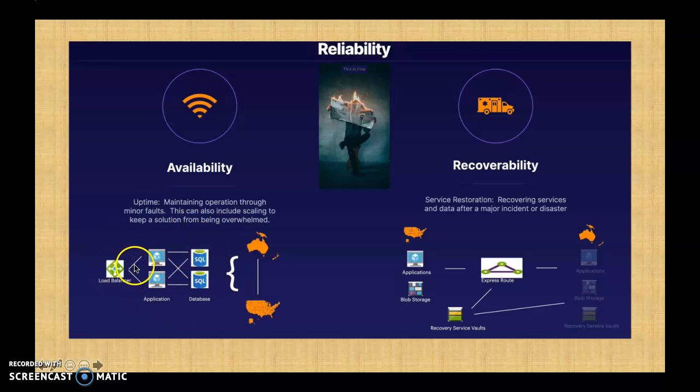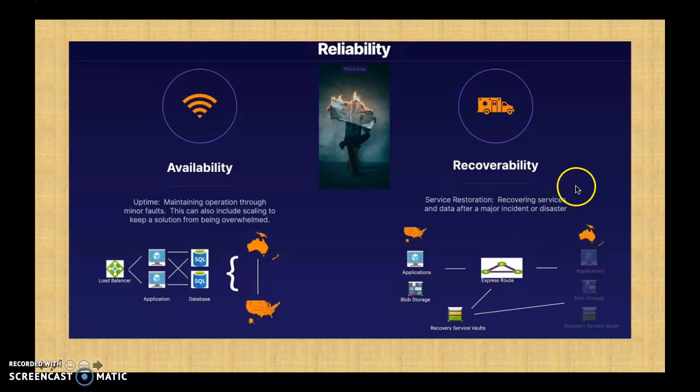For example, a load balancer sends its signals to both, and the database is also highly available. Whereas recoverability is more of a disaster recovery, where RPO is concerned.